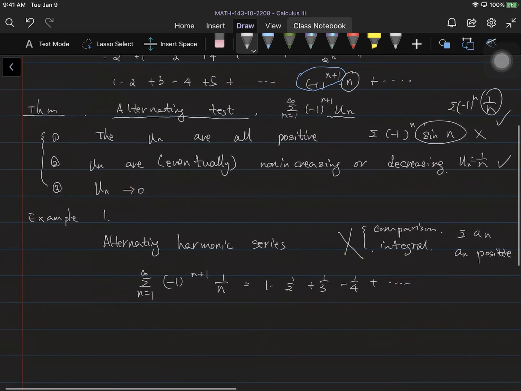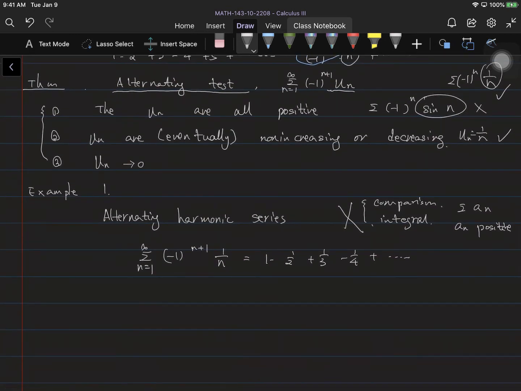Now let's take a look. Does this alternating harmonic series converge or diverge? Always 3 conditions. The first one, let's pick the un. What is un? Exclude the sign, so it should be 1 over n. Is this positive?